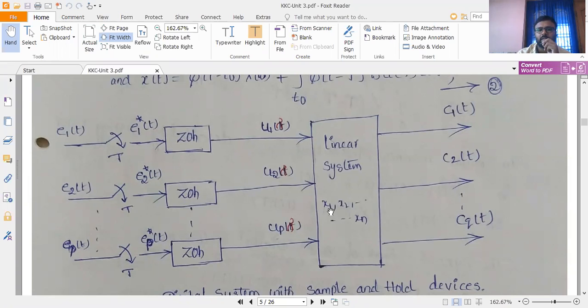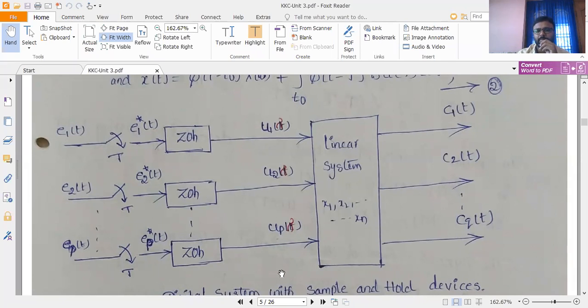So x1, x2, xn and so on are the state variables. u1 of tau, u2 of tau and so on up to up of tau are the inputs for the linear system as well as the outputs of the zero order hold circuits, and the outputs of the total system are c1 of t, c2 of t and so on up to cq of t. That means let us suppose the total number of outputs is 1 to q, and the inputs are from 1 to p.